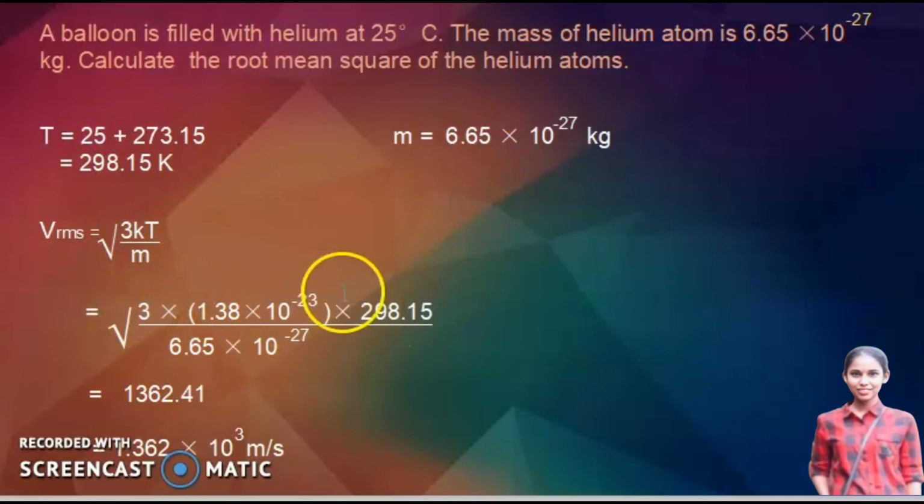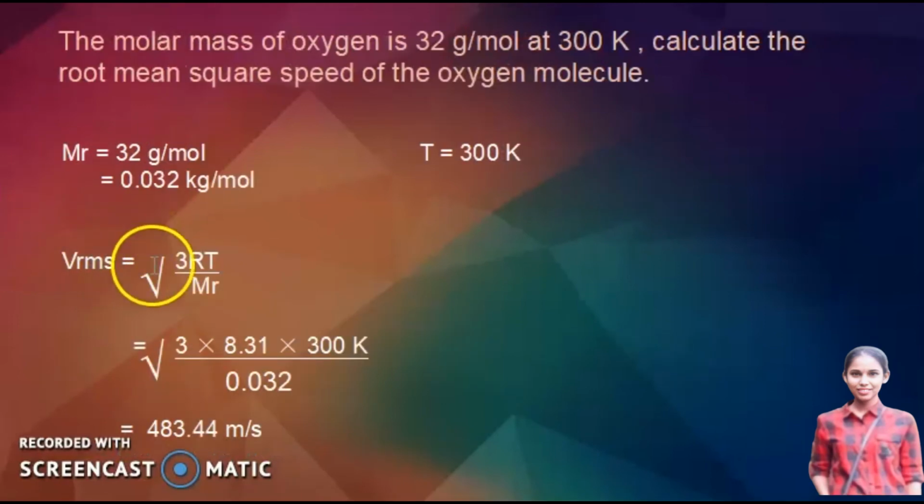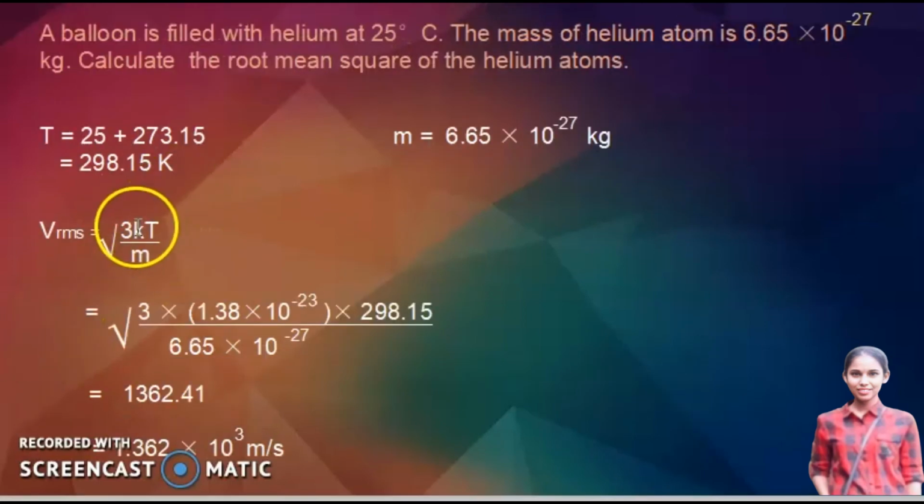Then as usual, don't forget to change the constant value, since for molar mass it will be R. If mass, the constant will be k. So as usual, substitute, then we get the answer for root mean square of helium atom.